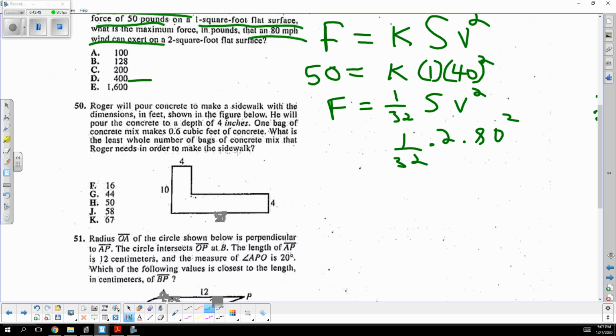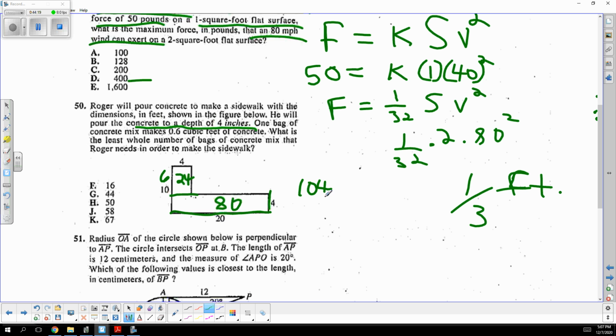50 is very confusing. That's your base, and you're going to build a depth of 4 inches. That's 1/3 of a foot. So what's the area of your base? This rectangle is 4 by 20, that's 80. And careful, this one's 4 by 6, 24. So the area of the base is 104. So it's area of base times height.